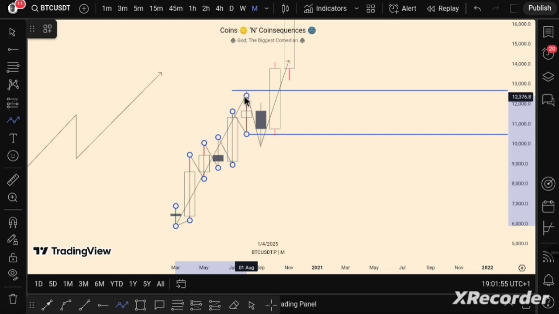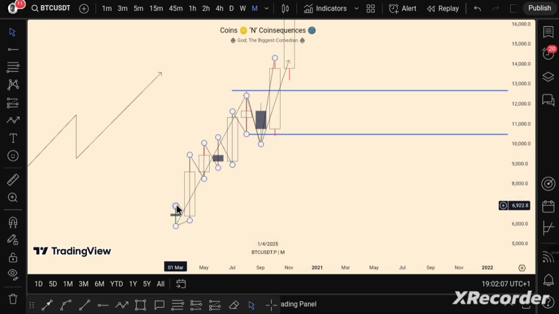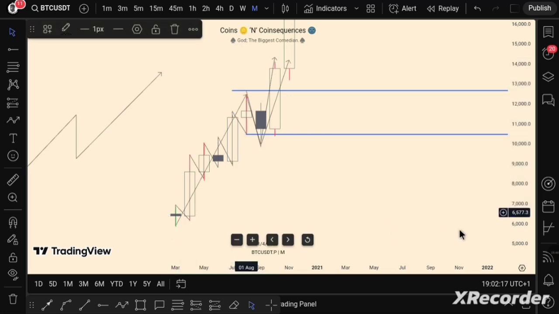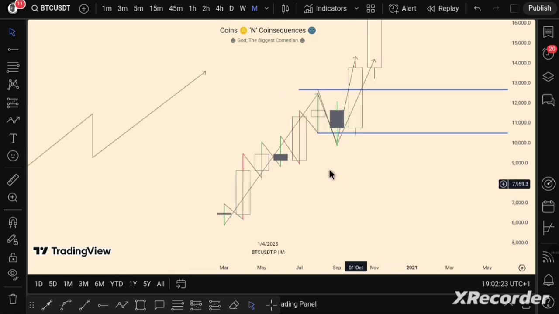Then we have this low, then high. So let me adjust this. Okay, good. So as it is here, as you can see, basically this is all there is to it.